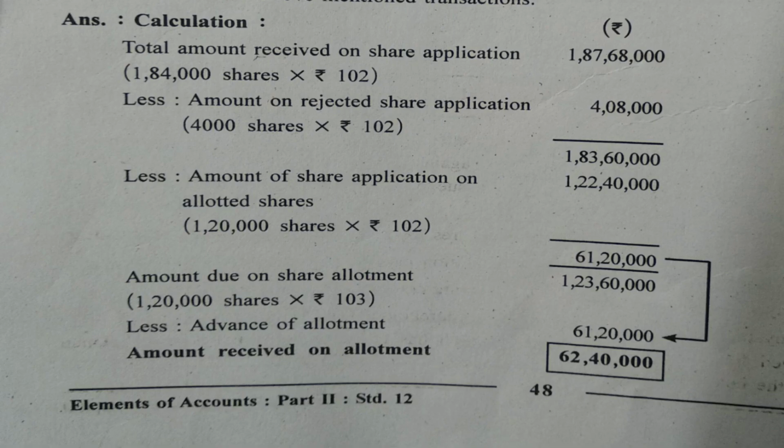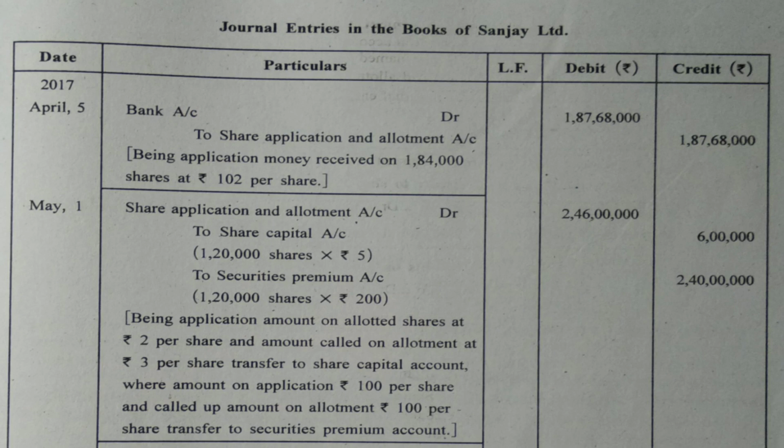So let us see the journal entries. This explanation will be understood once we go through them. The very first journal entry: Bank account debit to share application and allotment account.